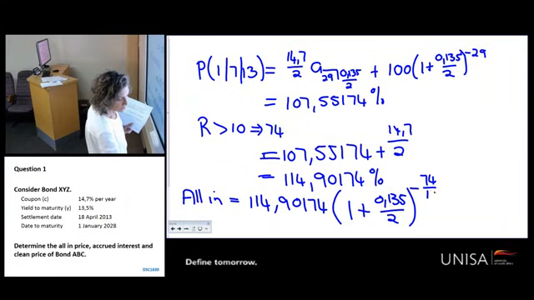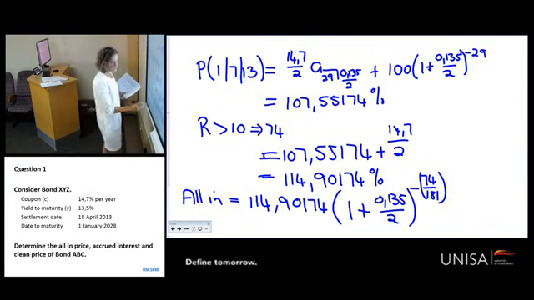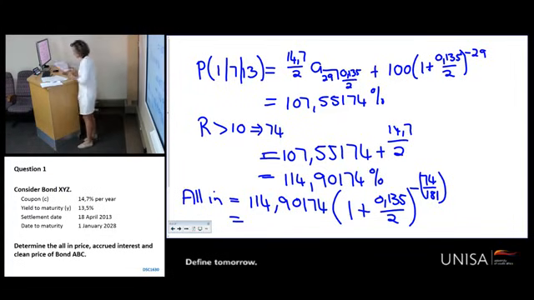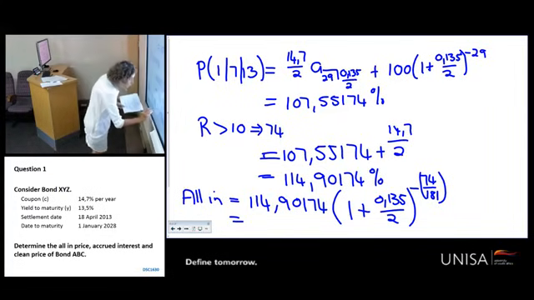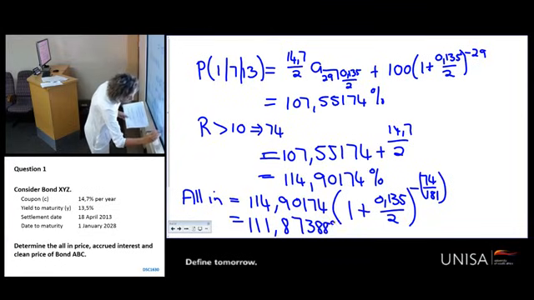H is 181. Guys, remember the minus is in front of that. And that then gives you your total all-in price on that date, which is 111,87388%.